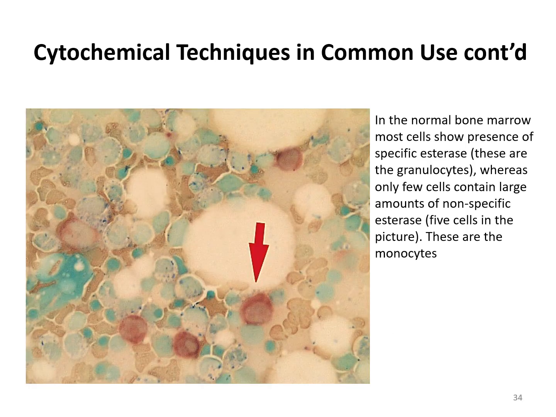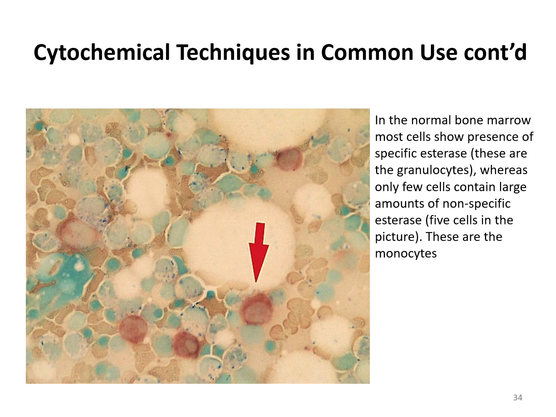Okay, so let us look at this example. Using a specific esterase, you can see a reddish brown color. That is for the granulocytes. Those that are colored are granulocytes.